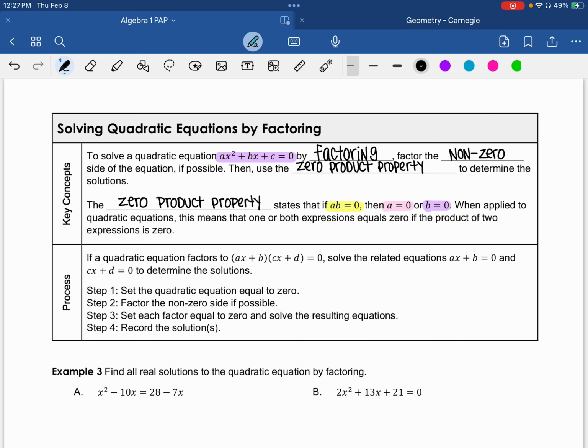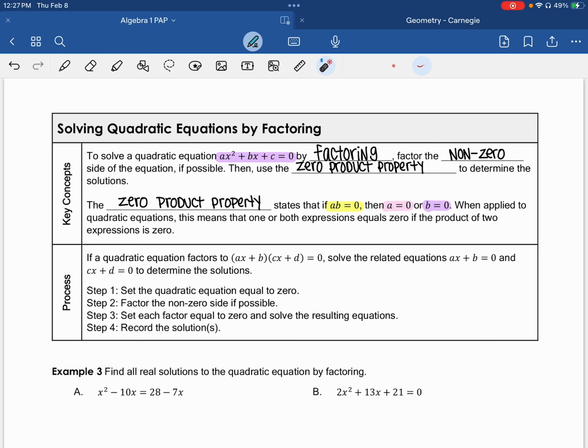So A or B has to be 0, and this means that one of them is equal to 0 and the product of the expressions is 0. All right, the quadratic equation factors into ax plus b and cx plus d equals 0. So what they're showing you here is that you have an x and you're going to add to it your factors. What if your factors are negative?